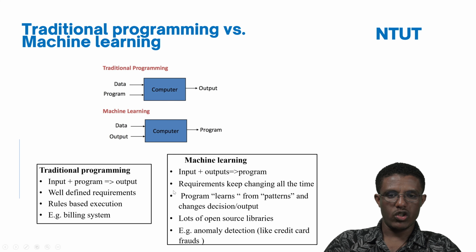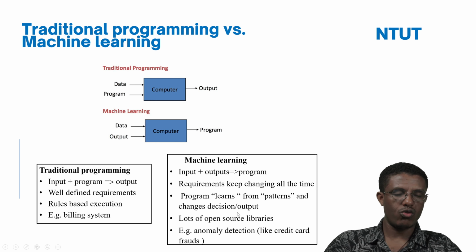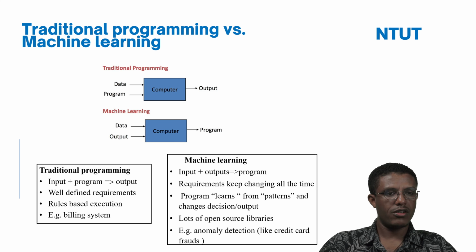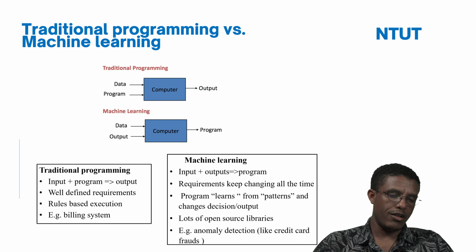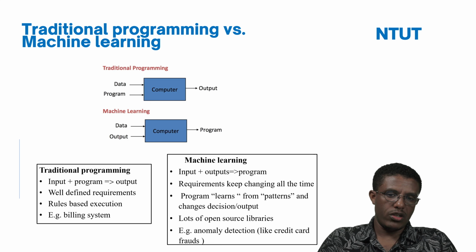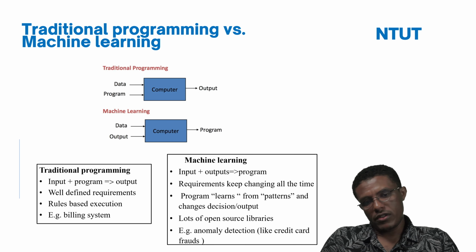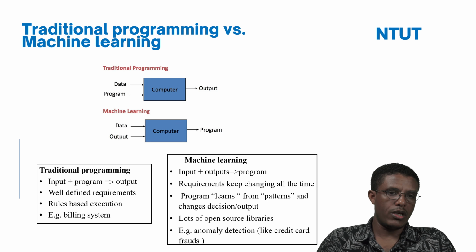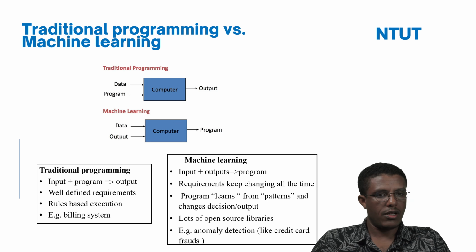But in machine learning, the program learns from the patterns and changes decisions and outputs through time. Because it learns from the patterns, by tuning or changing different parameters, we can change the way the model learns from the patterns and the outputs. As an example, in machine learning we use a lot of open source libraries, by using Python, actually the most common one.